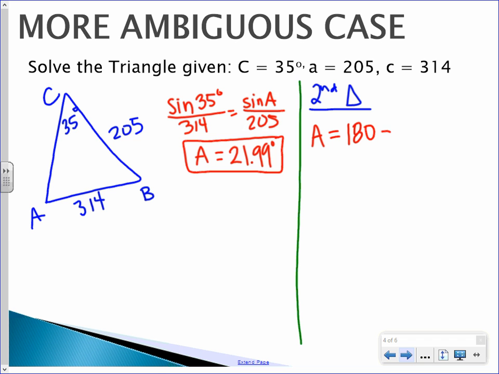So 180 minus 21.99 would give us, would it be 158.01? Okay, talk about that angle and moving forward with the rest of your triangle.